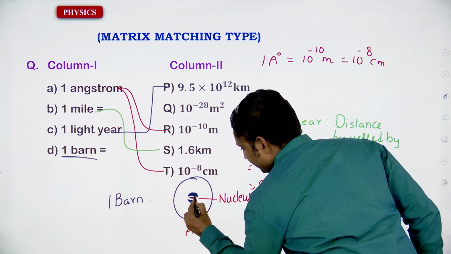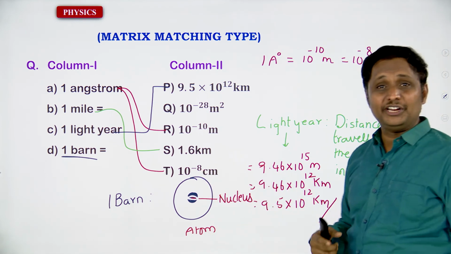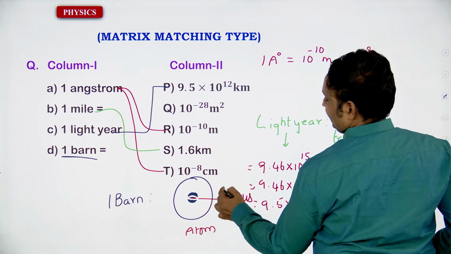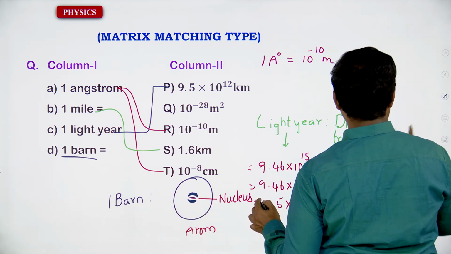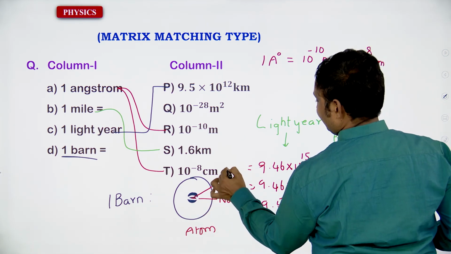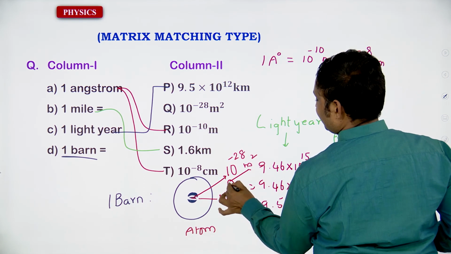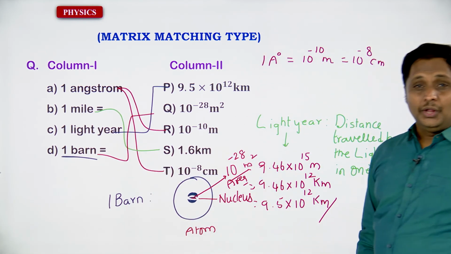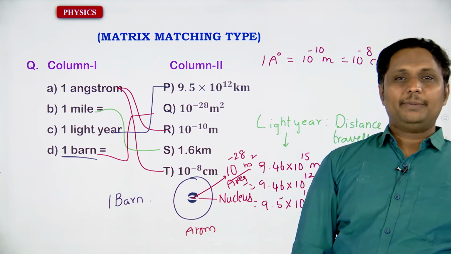This cross section area, what I am going to tell you, is measured in terms of barn. It is 10 to the power of minus 28 meter square. This is going to be clear. So, this is the new concept for you. You would like to know about those microscopic parameters.